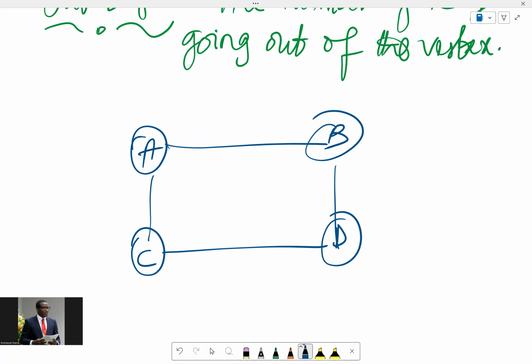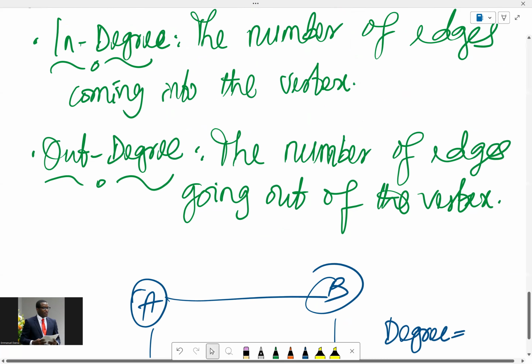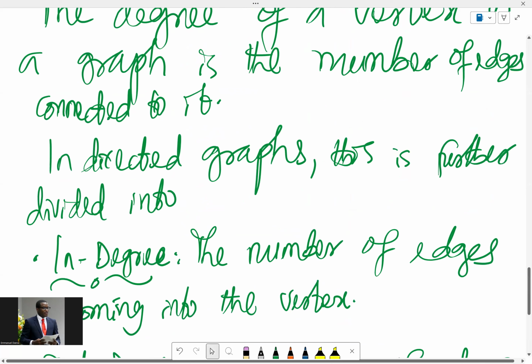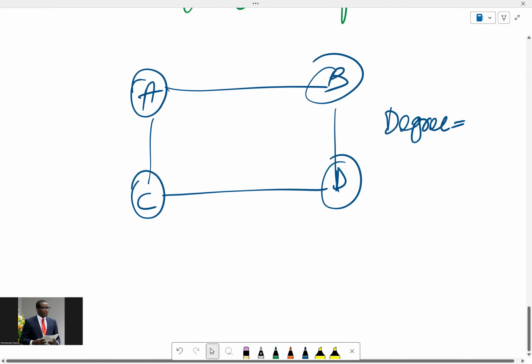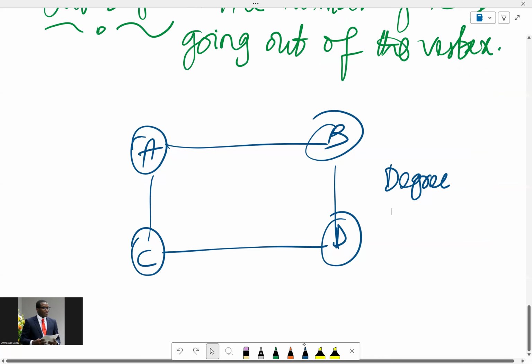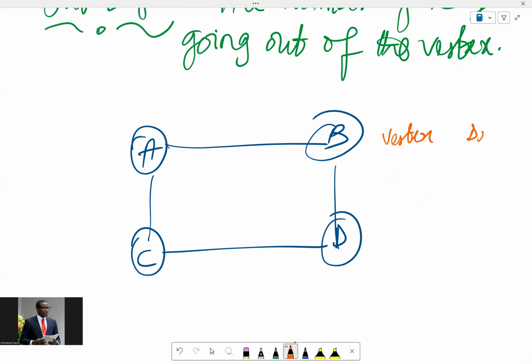So the degree is the number of edges connected to a vertex. So we have the vertex or node, and then the degree.